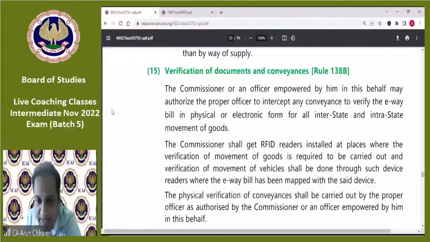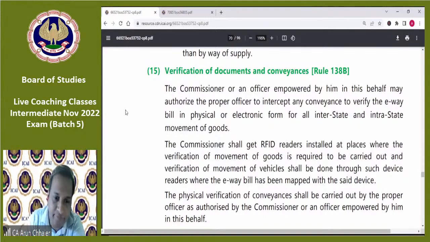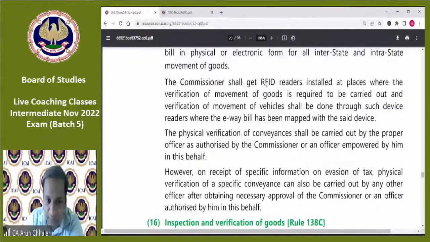The commissioner or any officer empowered by him in this behalf may authorize the proper officer to intercept any conveyance to verify the e-way bill in physical or electronic form, for inter or intra-state movement. The commissioner is responsible to get RFID readers installed at places where verification is required, and verification of movement shall be done through such devices where the e-way bill has been mapped. Physical verification of the conveyance shall be carried out by the proper officer as authorized.